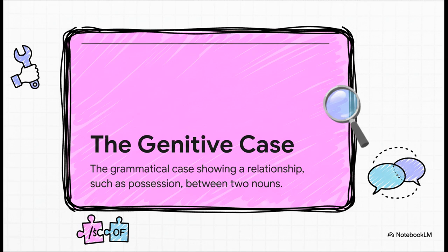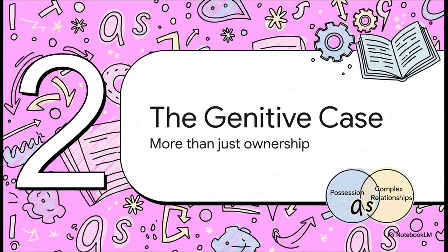And its job is way bigger than just showing who owns what. It's all about showing the relationship between two different things. So let's investigate this genitive case because, as we're about to see, it is about so much more than simple ownership. This is where things get really interesting, because the genitive is like a multi-tool that does a ton of heavy lifting in our language.